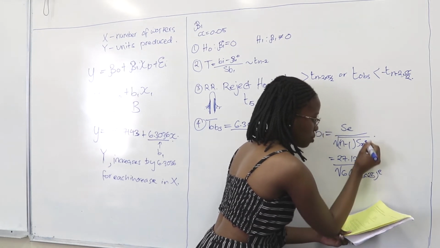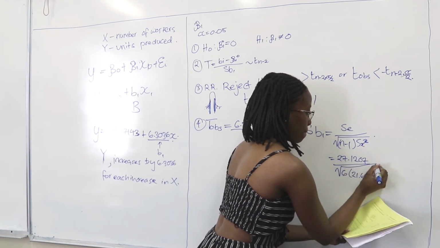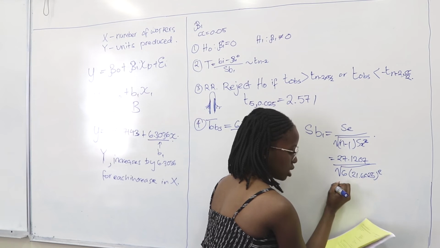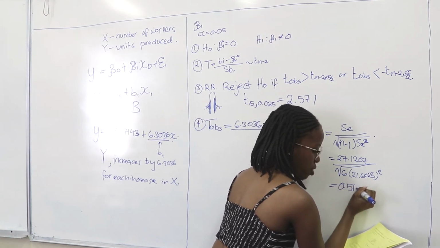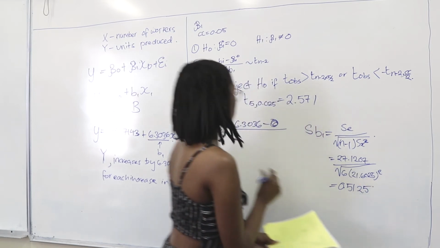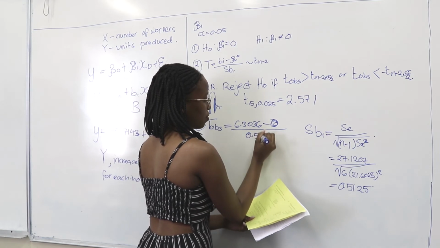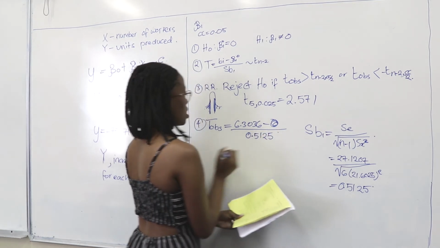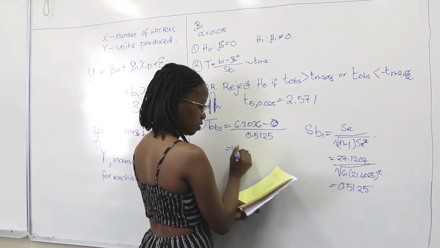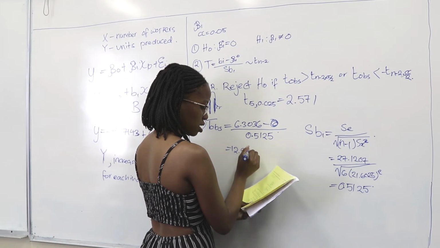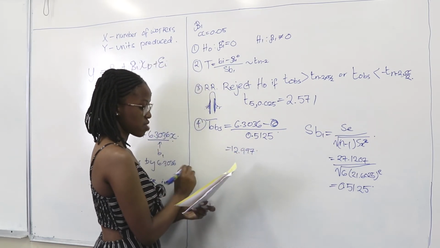And then we're squaring that because here it says Sx squared. And then what we're supposed to get is 0.5125. So that is what we substitute into here. And then that gives us a T observed of 12.997 or 998, depending on how you round off.